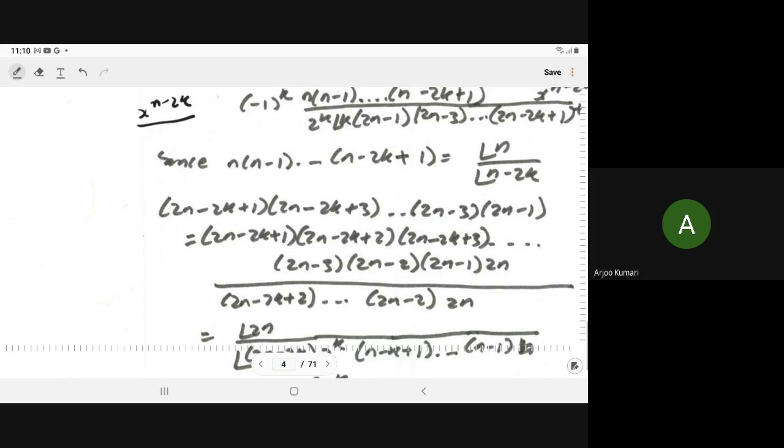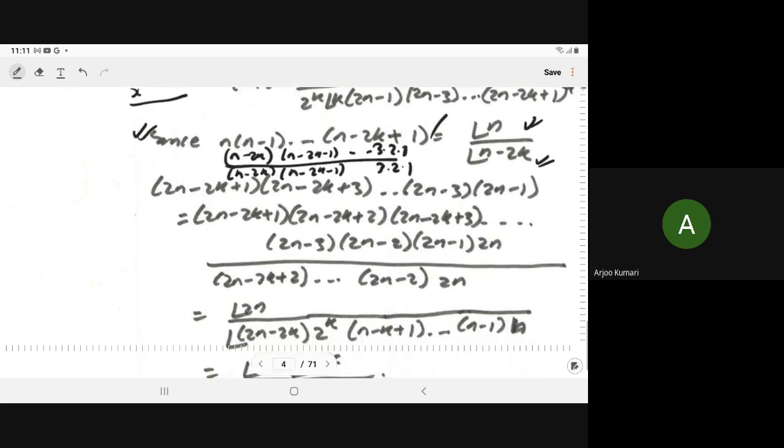So this can be written as n factorial upon, because if you multiply and divide with (n-2k)(n-2k-1)... 3 into 2 into 1, the numerator will become factorial n, and the denominator will become factorial of (n-2k). Clear? So the numerator can be written as factorial n upon factorial of (n-2k).